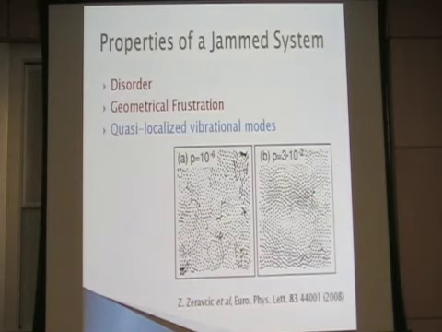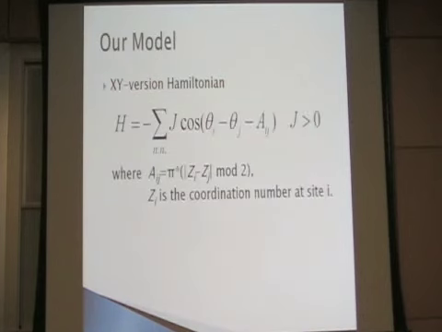We want to investigate this kind of phenomenon more, since larger scale simulation turns out to be very difficult. So we want a toy model to explain that. Here's our model. Our model is basically like an XY model with a random phase shift term, but in this case, the phase shift term is not random but depends on the local geometry, that is, the coordination number of sites i and j.